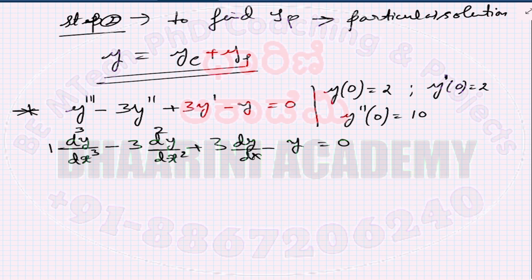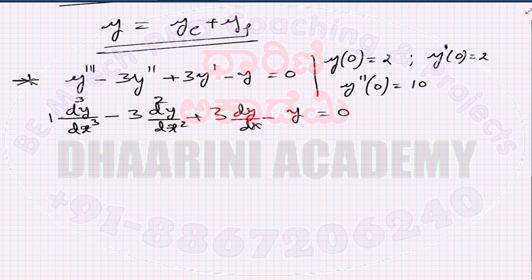Now we'll solve this. How to find the yc? Because this problem is just a yc question. To find yc, we follow the following steps. In this case, yc itself is the answer because RHS is already 0.